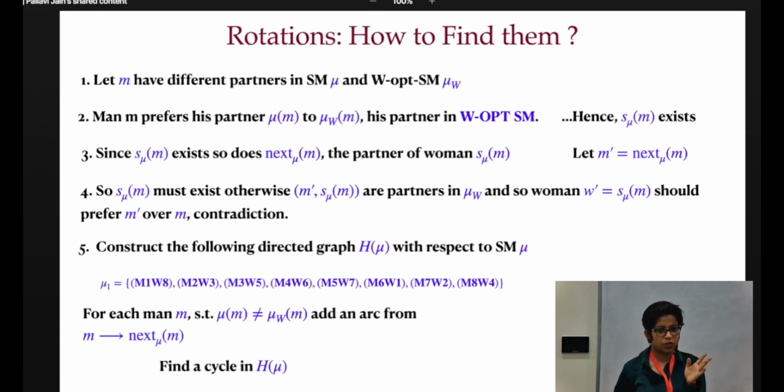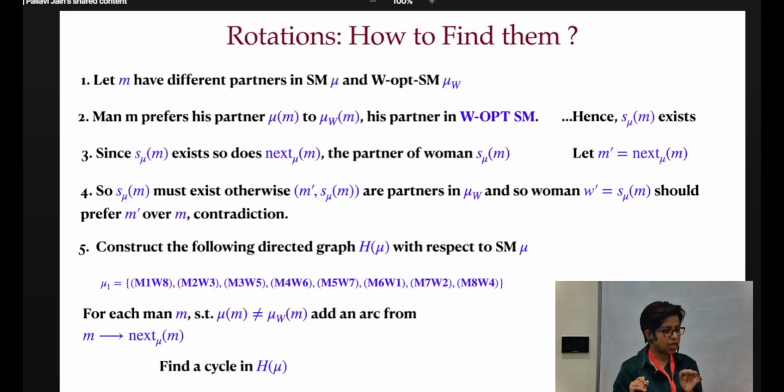Yes, any of those graph exploration methods would reveal a cycle. Notice this is a particularly sparse and very simple graph. Every vertex has an out-degree of 1, only one edge going out, because your next function is uniquely defined.